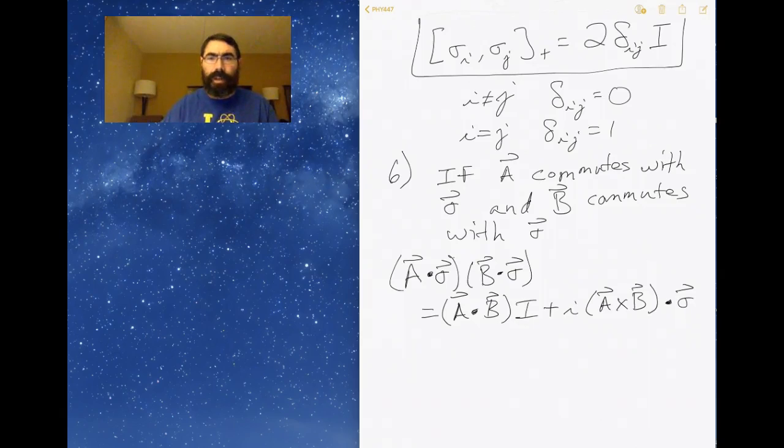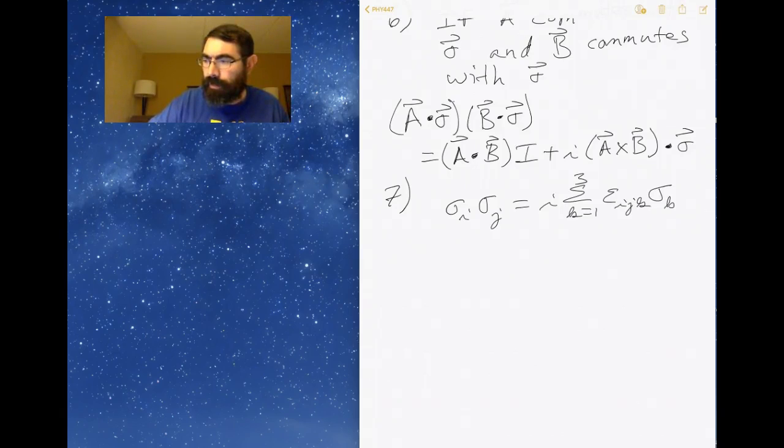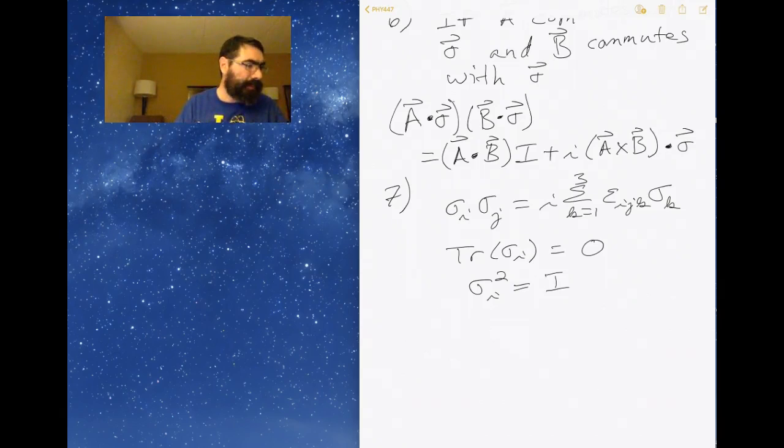Okay, so one more property, property 7. Now if I combine a bunch of these other properties, so one is the product, remember that's i times the sum of the Levi-Civita times the Pauli spin matrix, and the trace of any matrix is 0, and any matrix squared is equal to the identity.